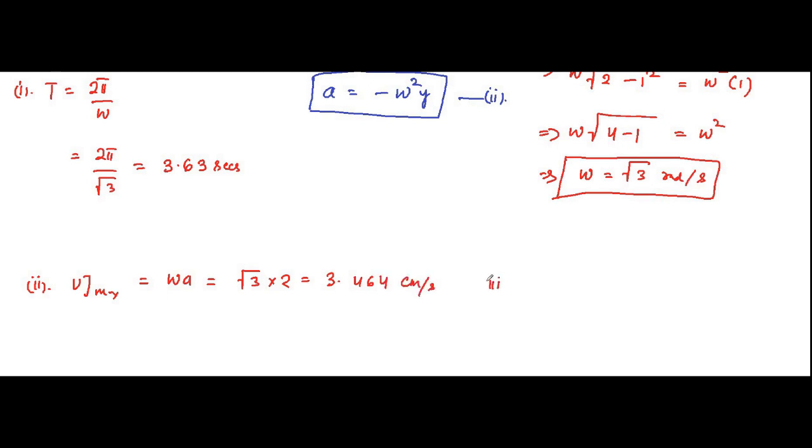And the third one is the maximum value of acceleration, that is equal to omega square A. So root 3 square into the amplitude 2. Root 3 square is 3, into 2, that's 6 centimeters per second square.